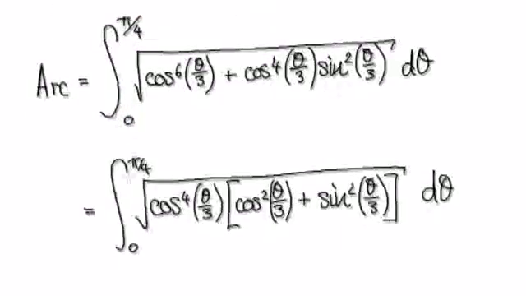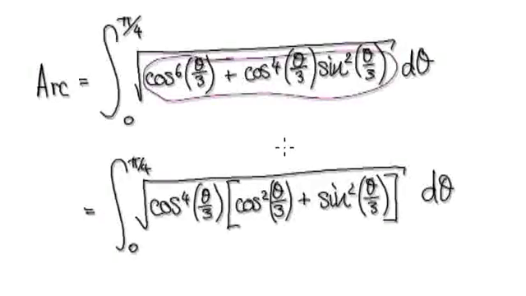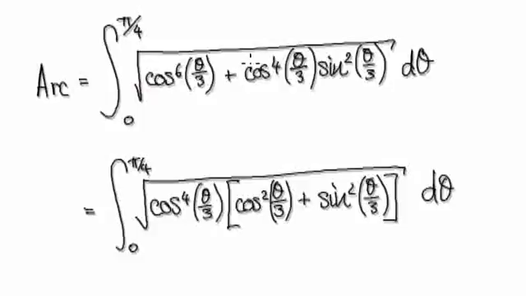Now looking at this, factorize out the cos to the power of 4. That will then give you this. And remember, cos squared theta plus sine squared theta equals 1.